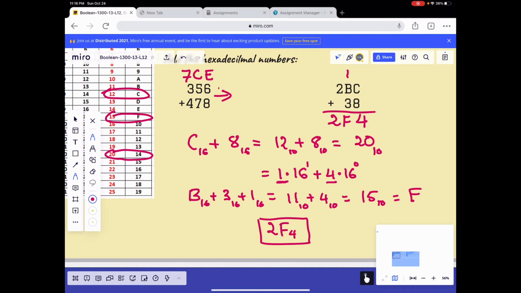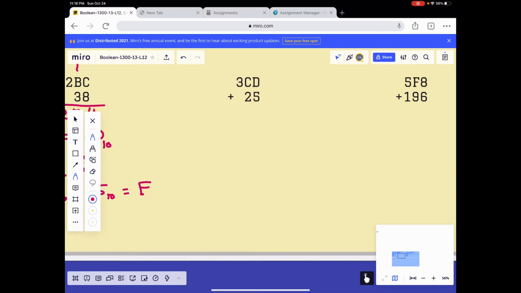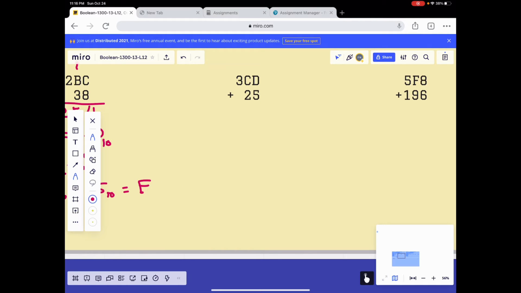Okay, let's work another example. 3CD plus 25. All right, so you need to line them up together. So first I need to convert from hexa to decimal, D and 5.